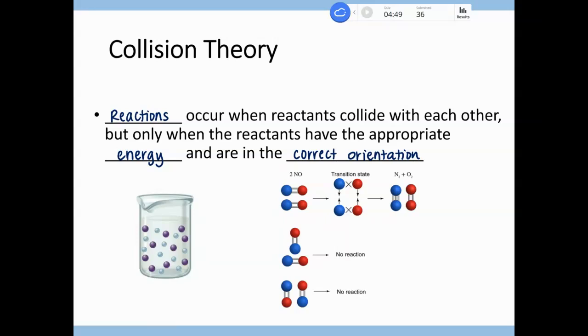So this is where temperature comes in. If you increase the temperature, you're increasing the kinetic energy of those molecules. They're moving around faster, more likely that they will collide. So increasing temperature increases reaction rate. Not all reactions, but many reactions occur in a solution, which is what this picture is showing here.